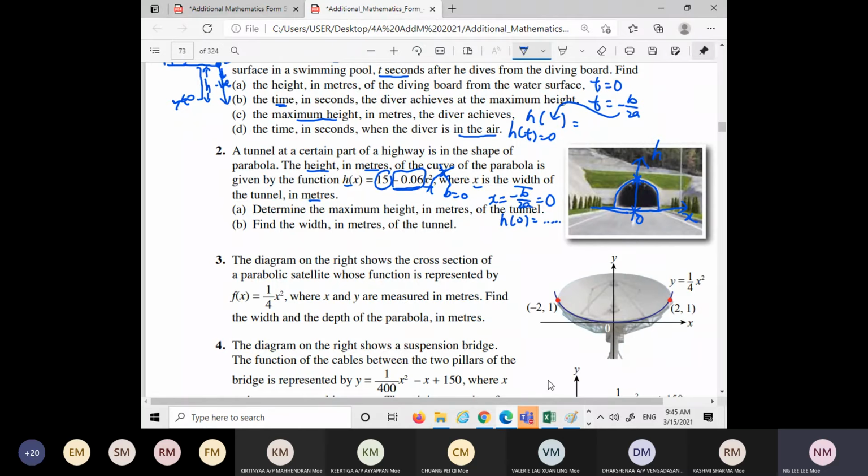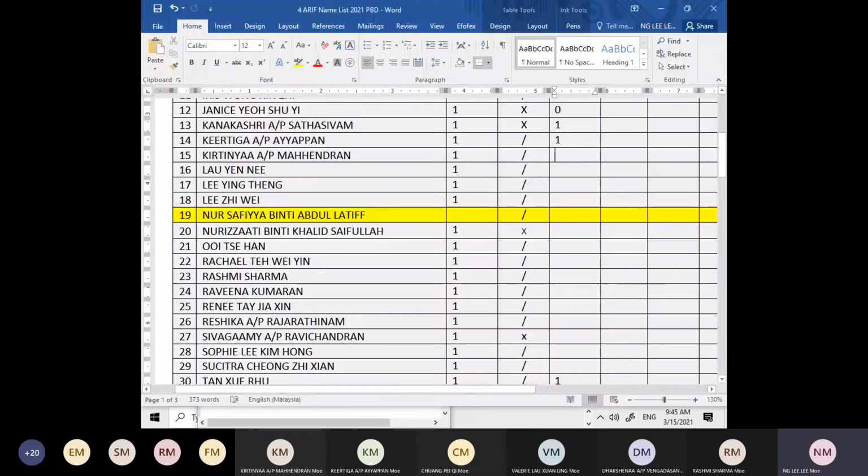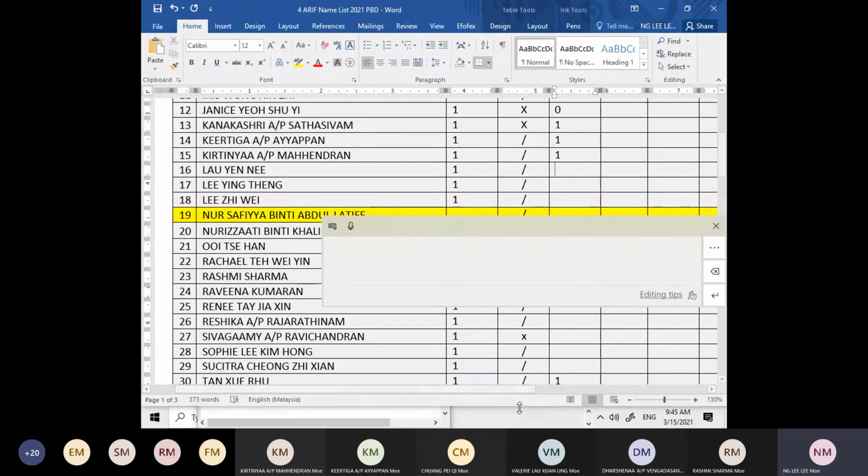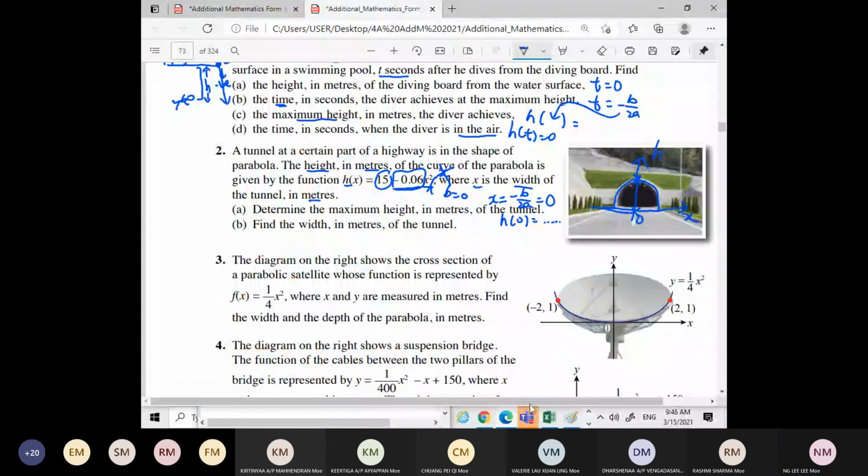Okay, thanks for your help, Kritina. Now we go to part B. Okay, Yenny, can you answer part B? Find the width in meter of the tunnel.